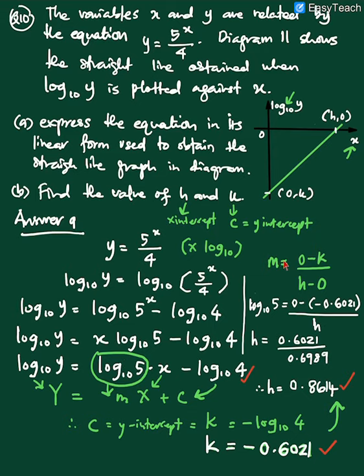We use the formula m equals 0 minus k over h minus 0, substitute the values, and lastly I got h is 0.8614. So this is how to answer this question. I hope my explanation helps you understand clearly how to answer this question. Okay, bye. See you in the next question.